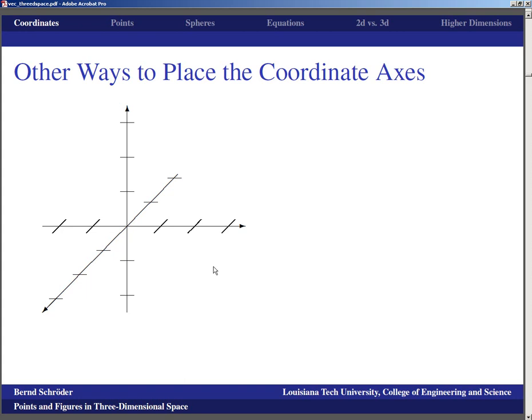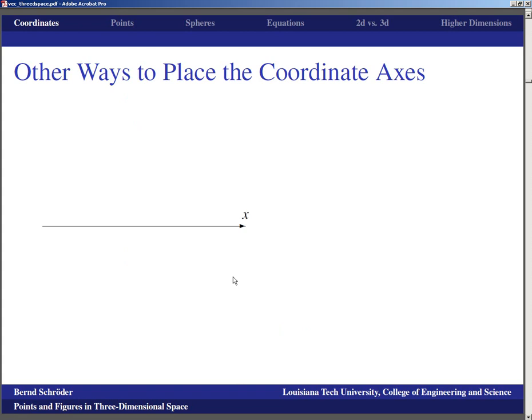Now, it can also be that we use the same coordinate system, but we have the x-axis going across, the y-axis going up, and the z-axis coming towards us. Setting it up like this is very common as far as I know in physics, and it certainly has an advantage in that we draw the same coordinate system as we have always done, and we just put in a third axis that is coming towards us.